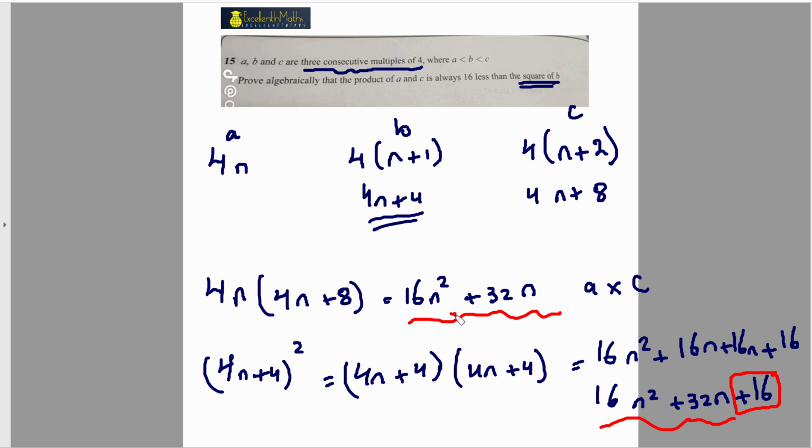So it means the product here is the same as this one, but it's 16 less. So that's true. So you have to write that this product of A and C is always 16 less than the square of B. It means the square of B is 16 more than the product.